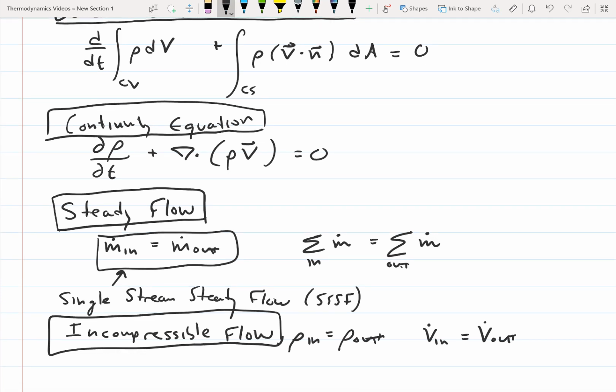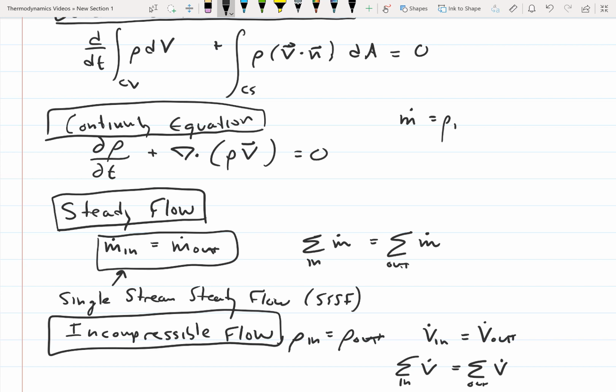And this could also be summed, so this could also be for multiple inlets and outlets.